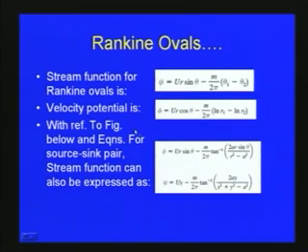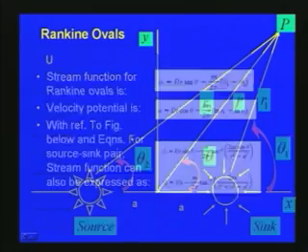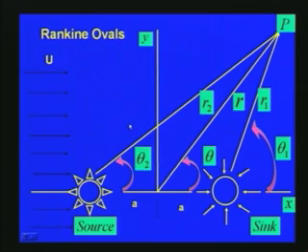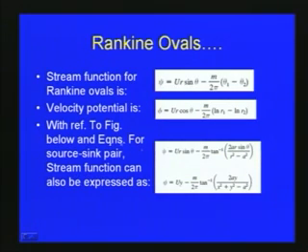So, with respect to the figure below, as I mentioned, here we are combining the source and sink of equal strength with the uniform flow. For the source-sink pair, the stream function can also be expressed as psi is equal to u r sin theta minus m by 2 pi tan inverse of 2 a r sin theta by r square minus a square.